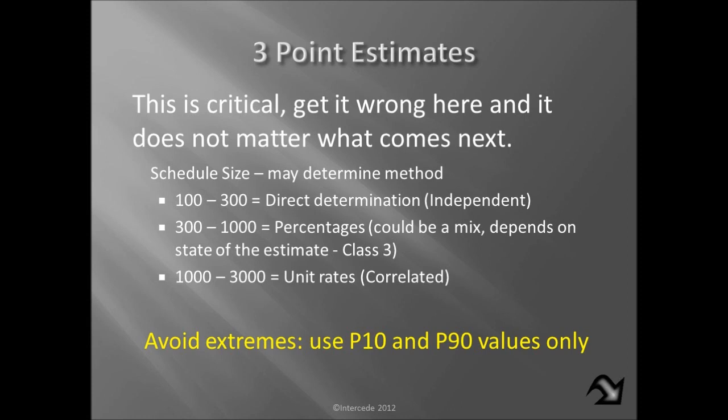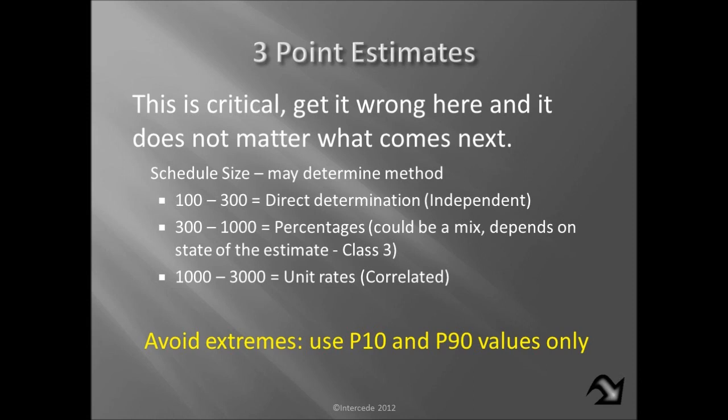And then, of course, we have the big one, which is what we should really be talking about here, which is the 1,000 to 3,000 activities. And this is generally the schedule developed from a class 3 or better estimate. And if it's any activity that uses the same unit rate, in my opinion, is 100% correlated.